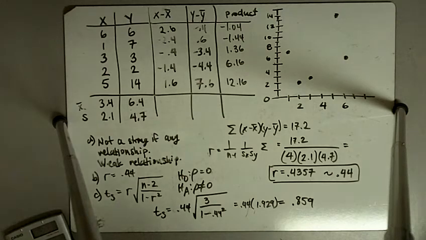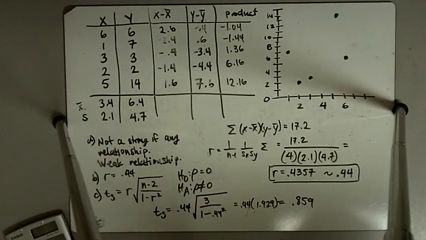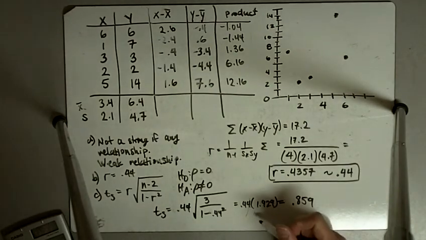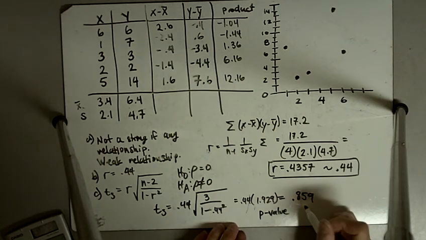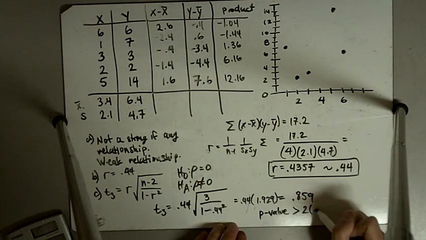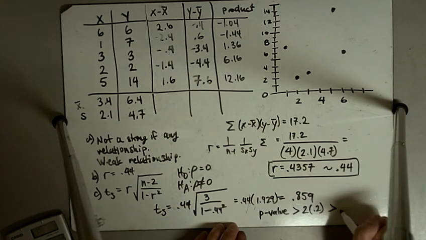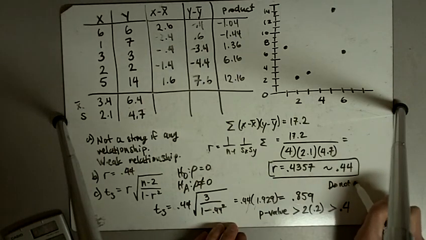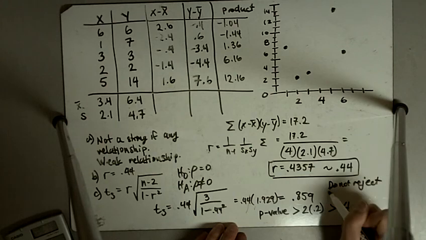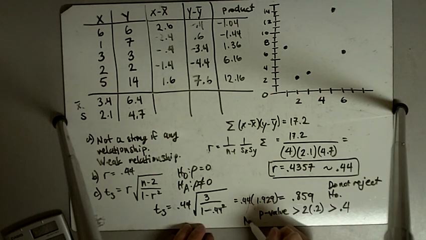So if I look up 0.859 in our t-table with 3 degrees of freedom, I see that my p-value is going to be greater than 2 times 0.2, so my p-value is greater than 0.4, so I do not reject the null. No evidence of correlation.